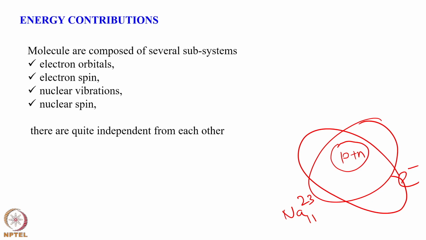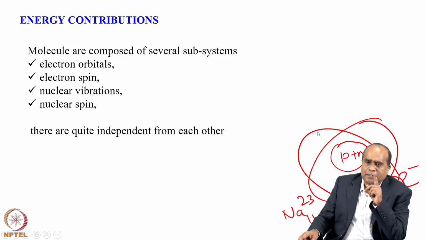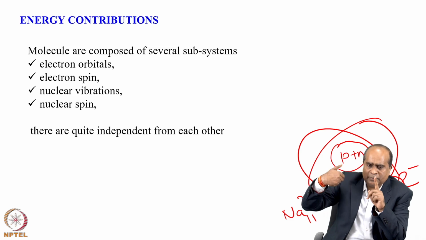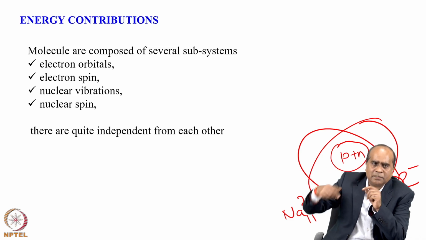First, let us discuss the electron. If you remember your 9th class chemistry, in sodium the electrons are distributed as 1s2, 2s2, 2p6, 3s1, right. That is how electrons are distributed in electronic orbitals, and then each electron has a preferred spin, up or down. That is the orientation of that.